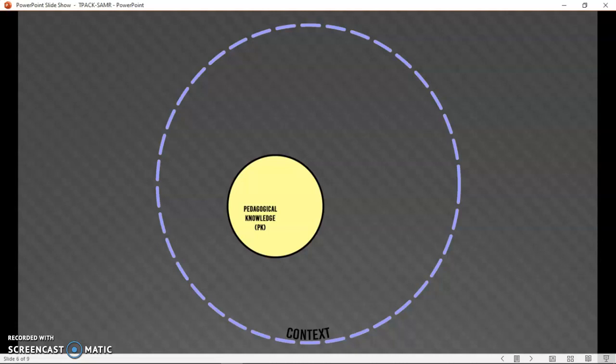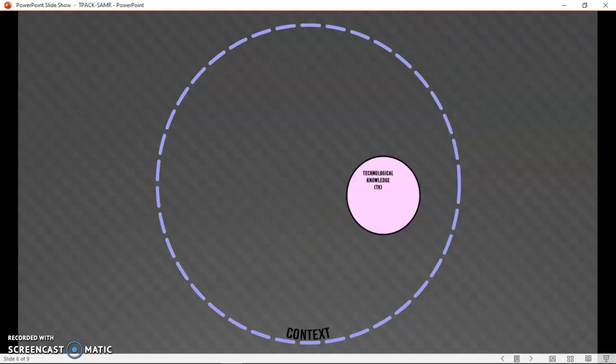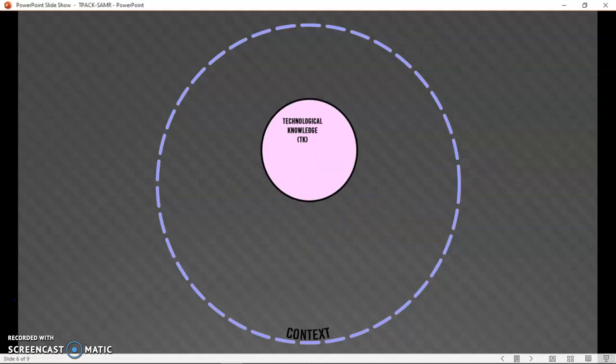The pedagogical knowledge is how you're going to teach these skills to your students. And the technological knowledge involves knowing what technological tools are available for the classroom and which ones would be the most appropriate.